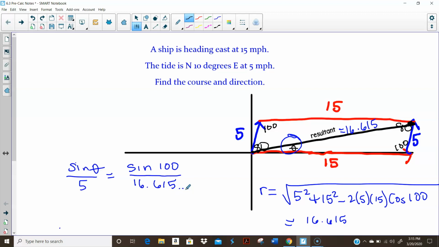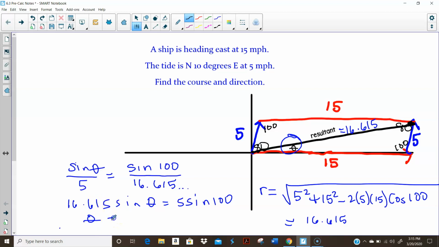All right, so you're going to go ahead, you're going to use the law of sines, you'll cross multiply, which gives you 16.615 sine of theta is equal to 5 sine 100. Divide by 16.615 and then take the inverse sine.